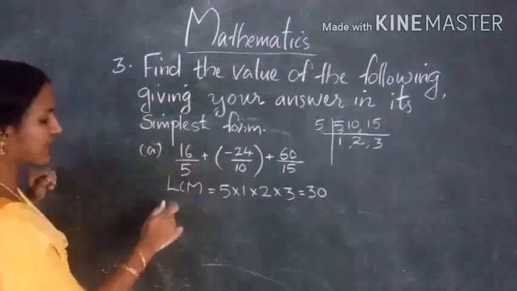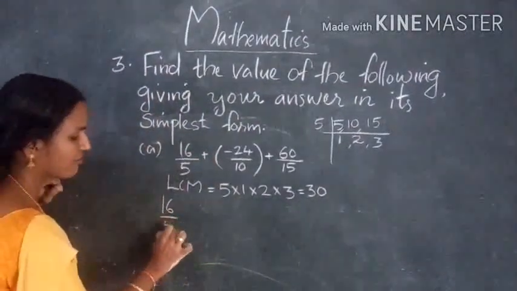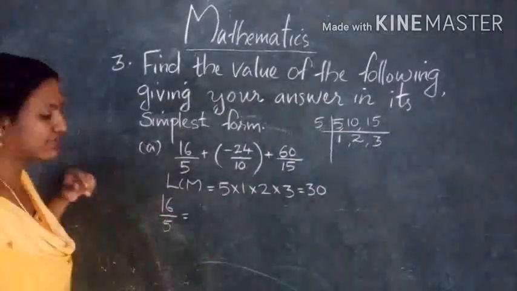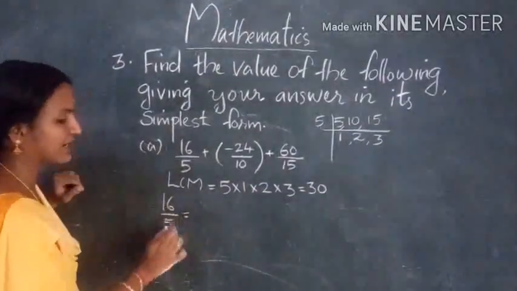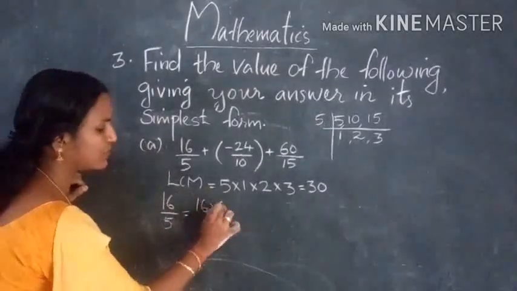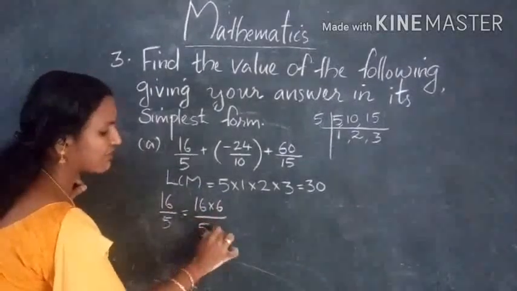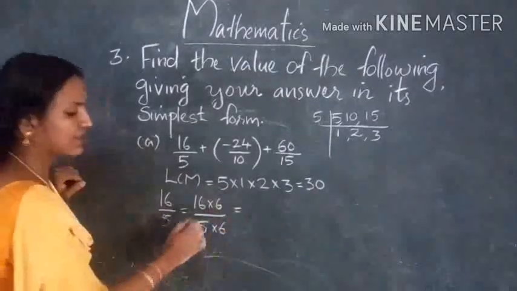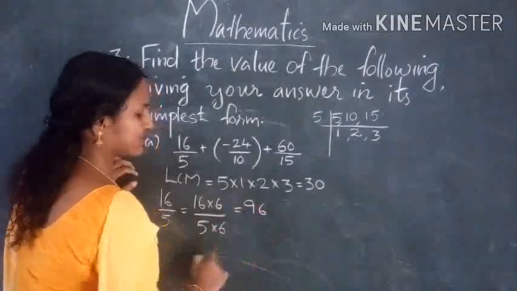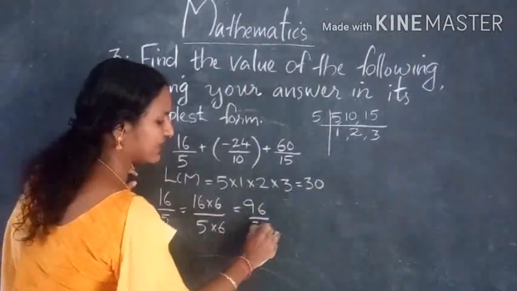So we take the first fraction, 16 by 5. How many 5s are in 30? 6 5s are 30. So we multiply numerator and denominator by 6. 16 into 6 divided by 5 into 6. 16 into 6? Yes, 96 divided by 30.